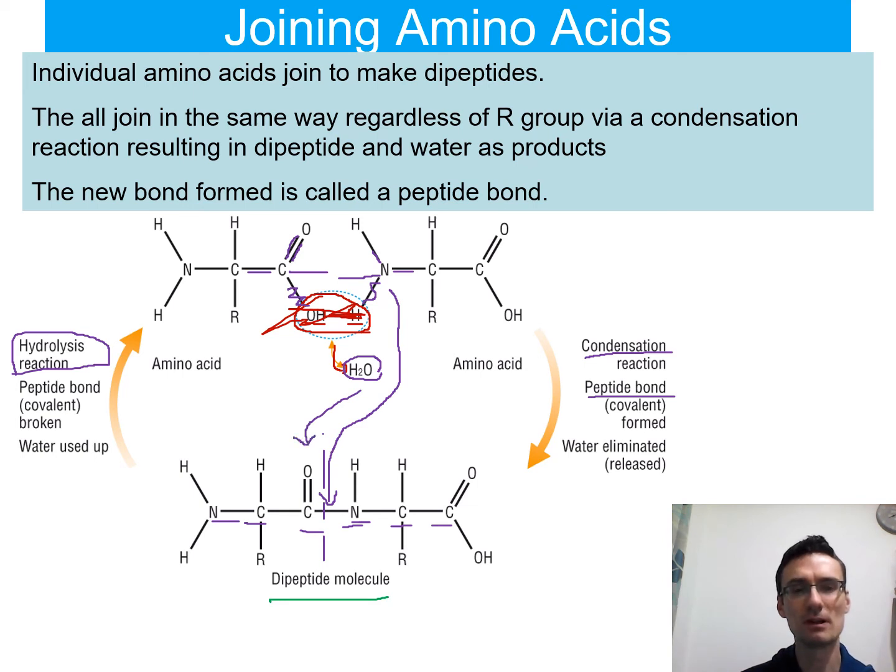And by putting the water molecule back in, we effectively break the peptide bond between the amino acid dipeptide structure, and that takes us back up to this situation here. And obviously a hydrolysis reaction is using water to break the bond.